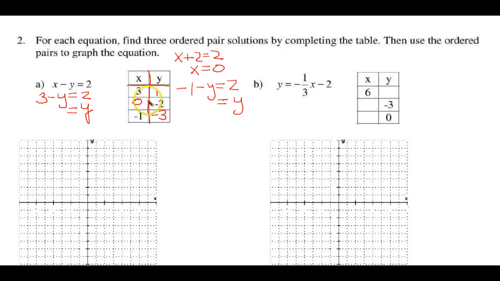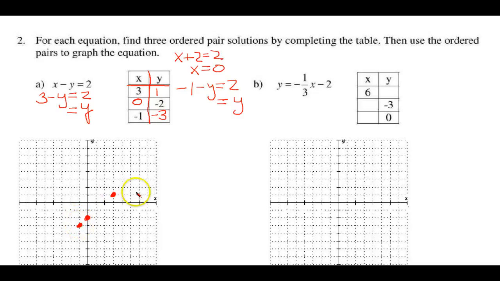Now the next stage is to take these ordered pairs and plot them on our graph. Now for you who are taking notes on this, you're just going to sketch a graph, and it'll be 3, 1, so over 3, 1, 2, 3, up 1, put a dot there, 0, negative 2, a dot right there, and negative 1, negative 3, so negative 1, negative 3.